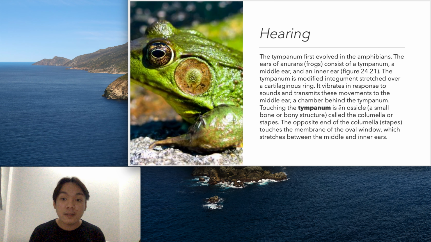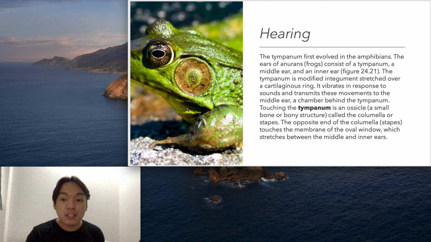So hearing is evolving in amphibians. In the ears of your frogs, the ear consists of a tympanum, a middle ear, and an inner ear. They are modified and stretched into a cartilaginous ring. Take a look at this. It's a cartilaginous ring, and it vibrates in response to the movements of sounds in the air.